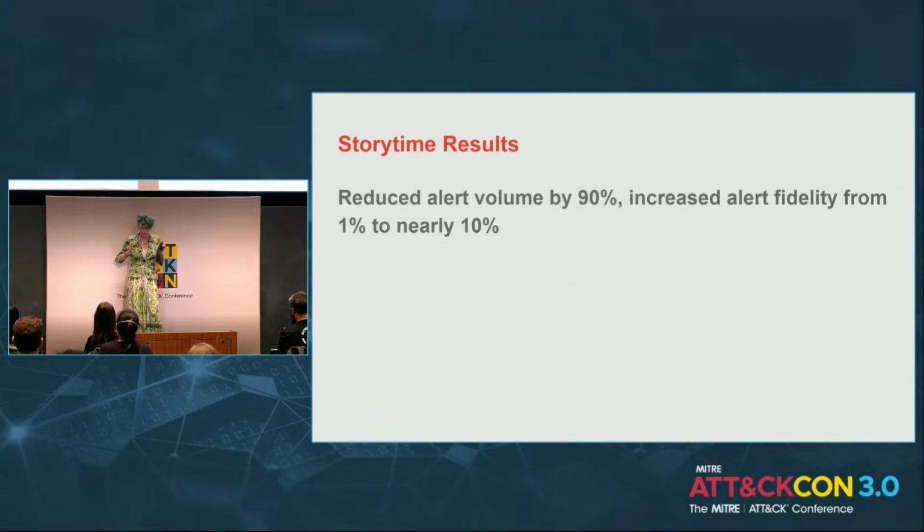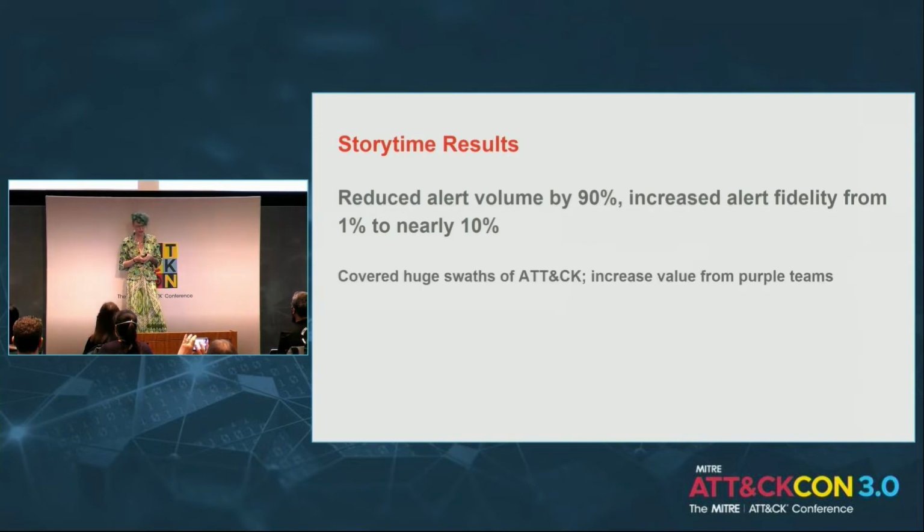So we kind of have blinders on the detections that we're looking at. And instead we want to look at all of the noise and just sort of observe those things happening and then alert when we see a bunch of interesting observations together. And we were able to cover huge swaths of the attack framework.